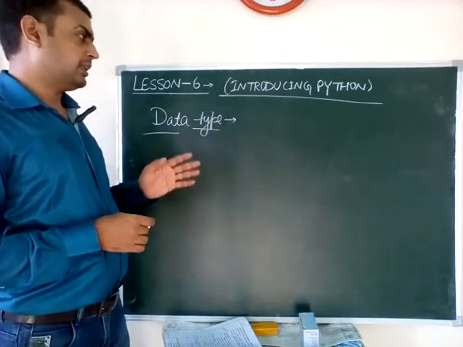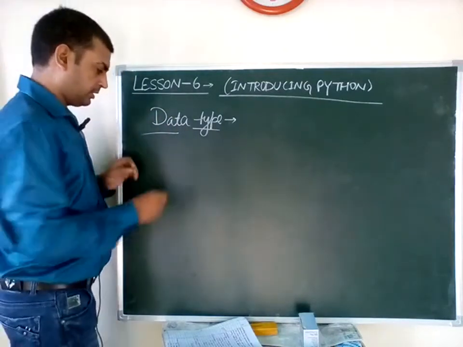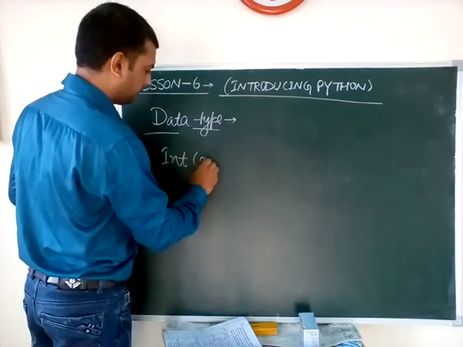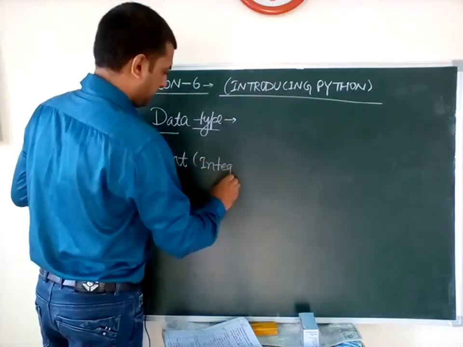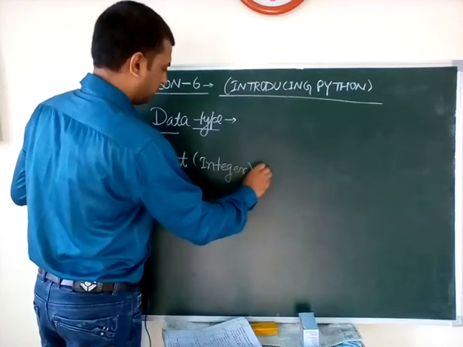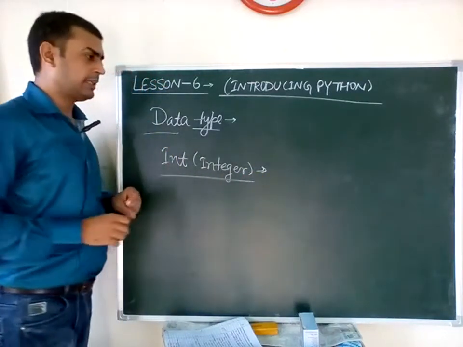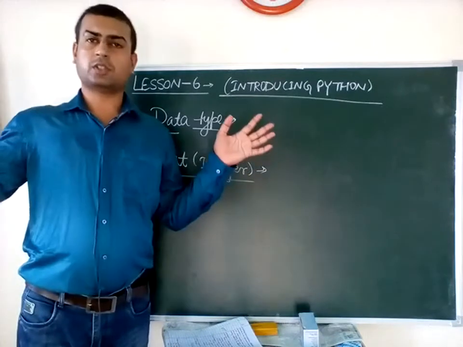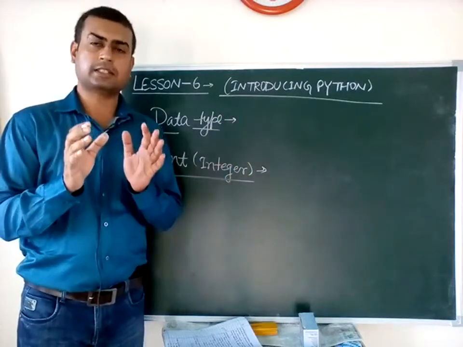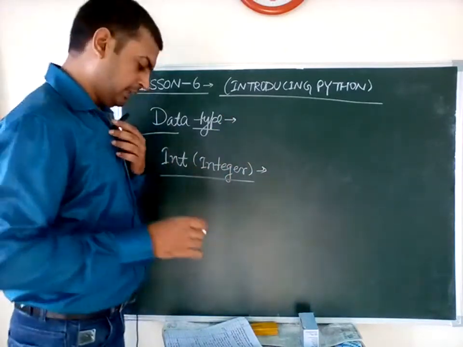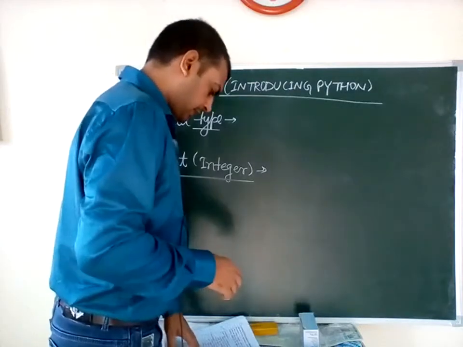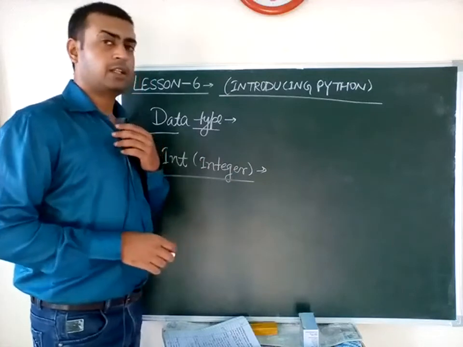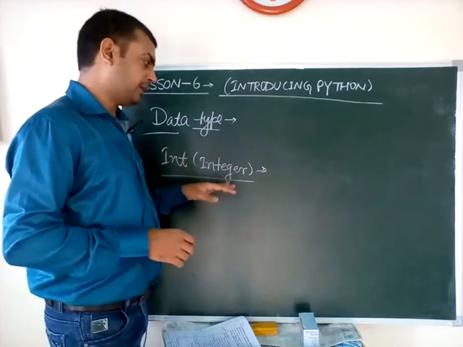Like integer, int, or integer, we can say, it has a separate range of values, meaning it will not store very long values. It has a certain range of values that will be stored in this. So it is the integer representation without any fractional part. No fractional part is there.